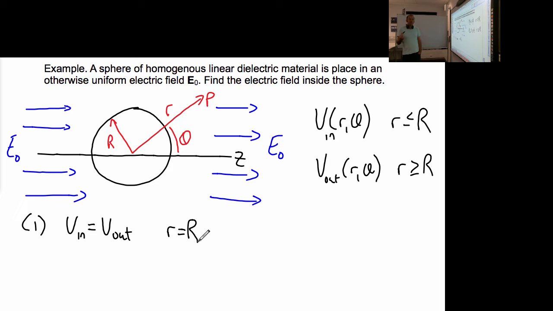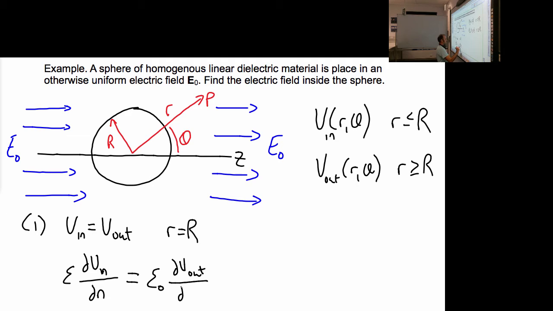Now the second boundary condition is on the change in the electric field, or the change in the potential. So we'll have the permittivity. This is inside, so I'm writing the permittivity as epsilon, dV in divided by dn, and that's going to be equal to the electric field outside, or the change in the potential outside, which is dV out divided by dn.